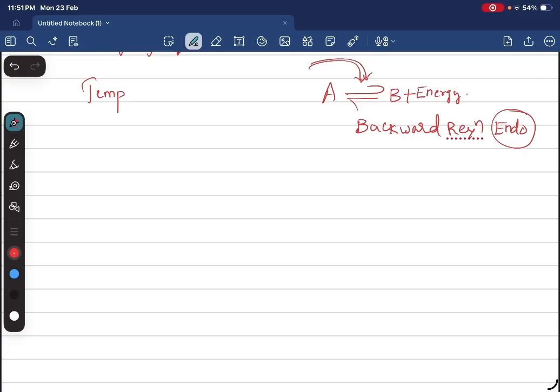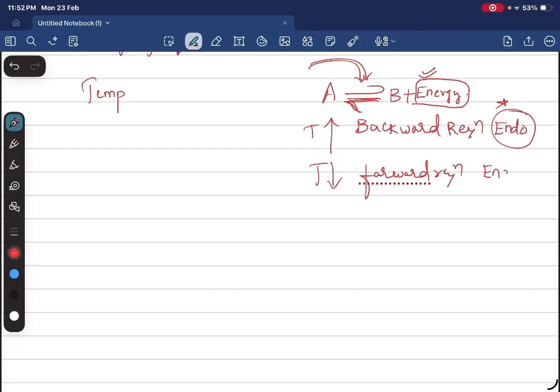If I increase temperature, since the backward reaction happens with energy, the backward or endothermic reaction is favorable by increasing temperature. Otherwise, by decreasing temperature, the forward reaction is favorable because the forward reaction is exothermic, meaning no need of any energy. So simply, if the reaction is at equilibrium, on increasing temperature, whichever side is endothermic, that reaction dominates.